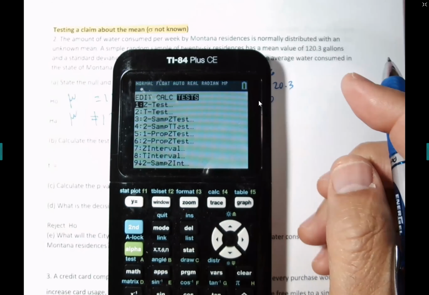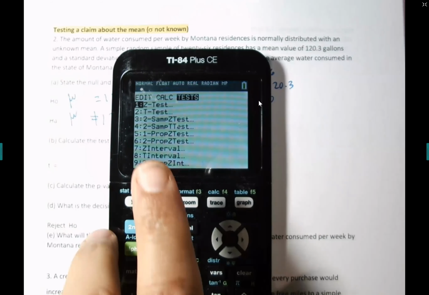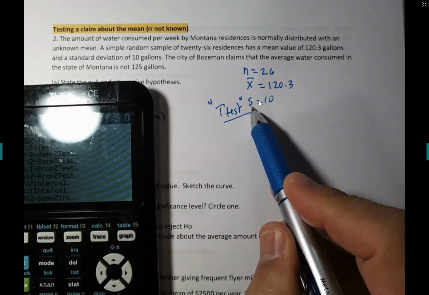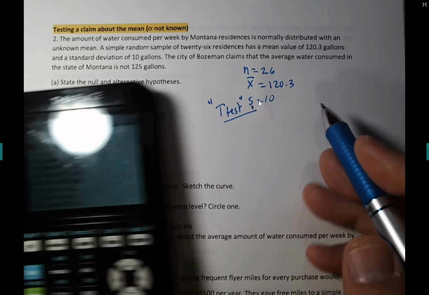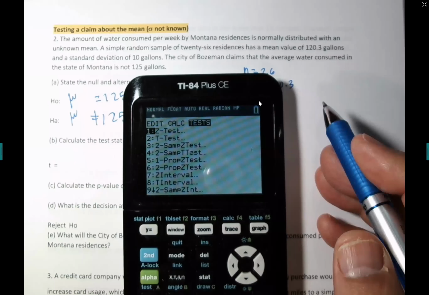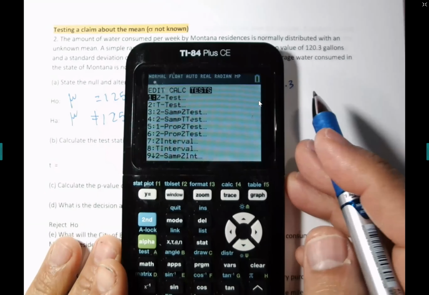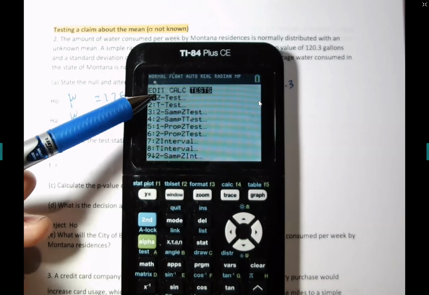Why is this one a t-test again? Because S is given, the sample standard deviation. When he gives you the population standard deviation, it's a z-test. When he mentions S and not sigma, it's a t-test. And that's very important, guys. From my experience teaching statistics for so many years, this is where students get confused between these two.